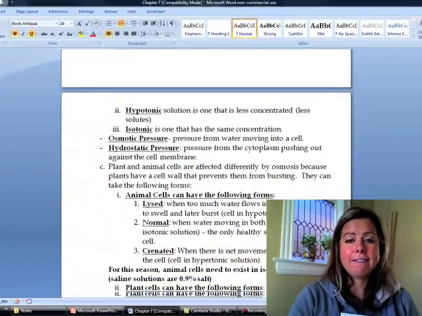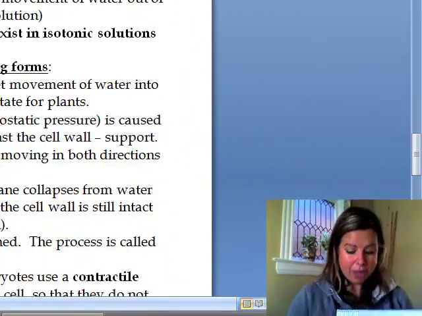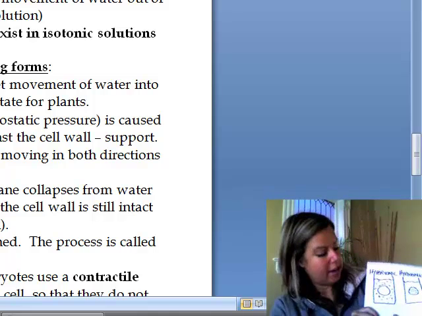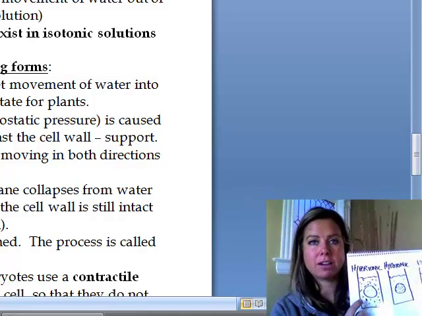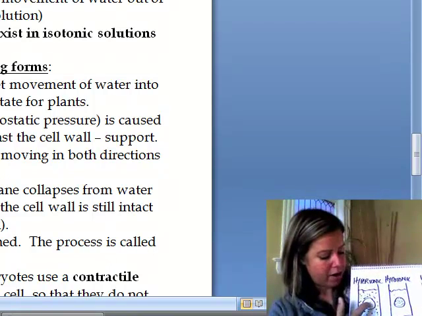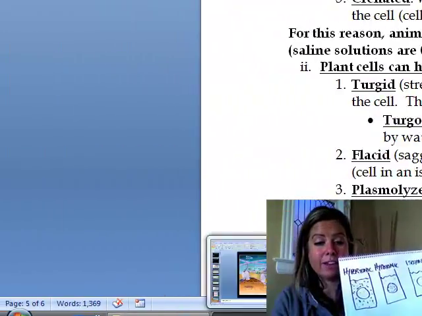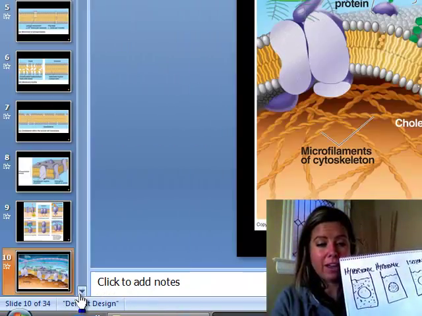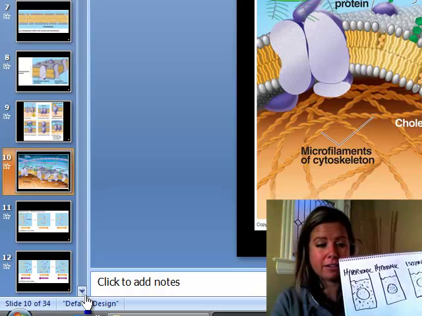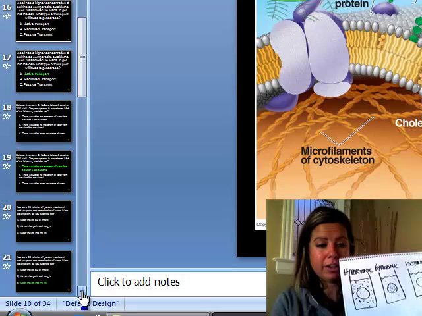So if you have an animal cell, that does not have a cell wall. So what's going to happen is, in this situation, a hypertonic solution, what's going to happen to an animal cell is we said the water is going to exit the cell. So the cell is actually going to shrivel up and do something called crenating. And I have a picture of that somewhere in here.